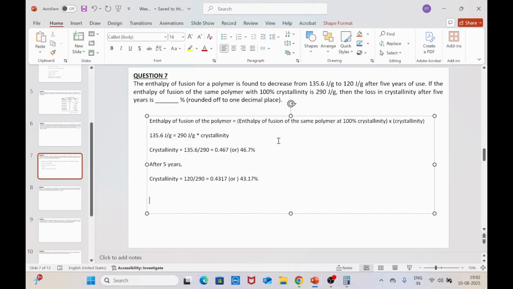Now we are asked to calculate the loss in the crystallinity. So they are asking for the percentage lost. So what is the difference that they are asking?